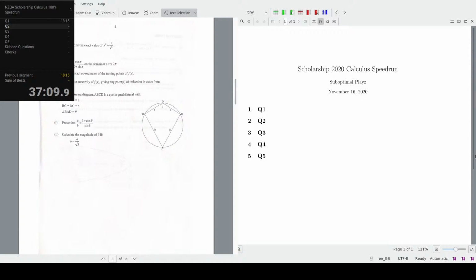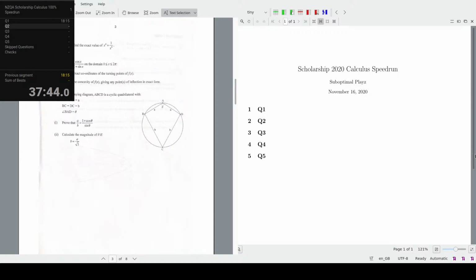So the region 0 to pi on 2 and 3 pi on 2 to 2 pi has negative concavity, negative second derivative. I cannot remember the actual terms for this, but I think it goes down, right?